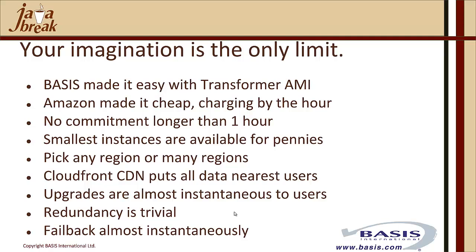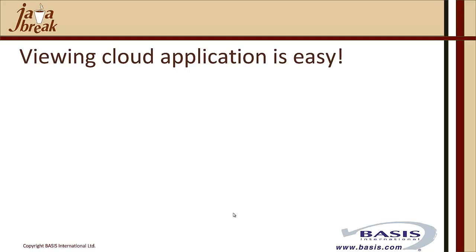And failing back was almost as miserable as going forward. But in the cloud, failing back can occur almost instantly because of the architecture and the availability of all of those excess servers.